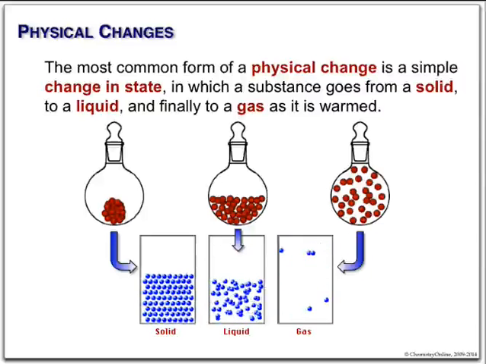They're never still, but they sit essentially in one place and vibrate. In a liquid, we have enough energy that we can slip and slide them over each other, but they cannot break apart from each other. They need more energy to do that. And finally, in a gas, we've given the particles enough energy that they can totally fly away from each other, bounce off things, bounce off each other. That's our gas phase. Solid, liquid, and gas.